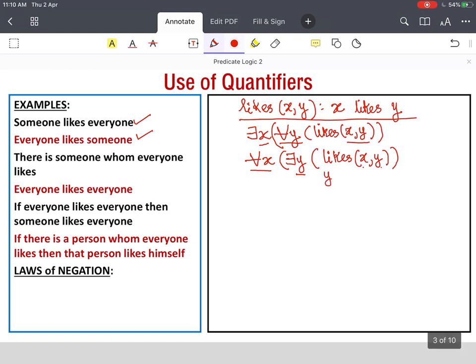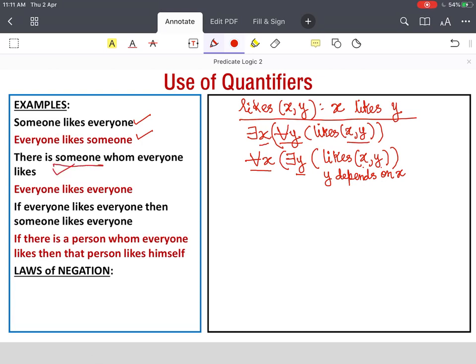The most important thing here to note is that y depends on x. This does not say that there is some specific y whom every x likes. It says that everyone likes someone, which means that for every x there is some y, and that y may depend on the x, such that x likes y.